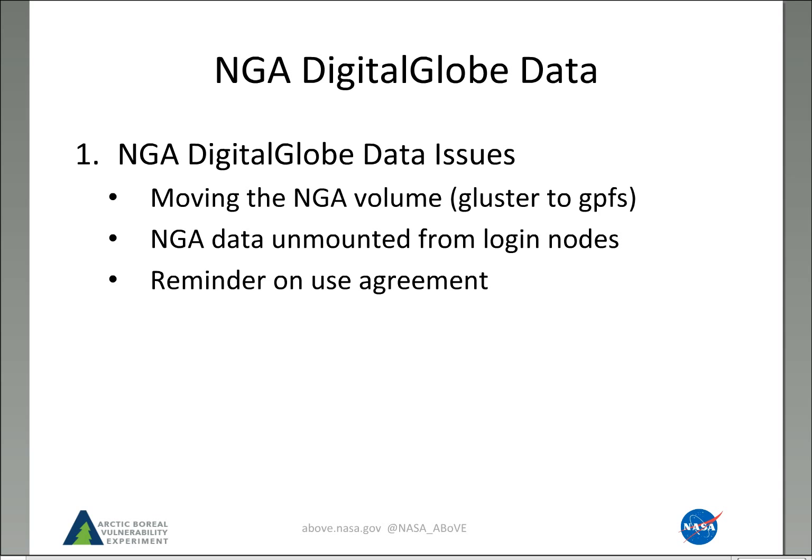Indeed. So we've historically stored the NGA data under the Gluster file system implementation. That was a clear source of performance limitations as we grew the archive to size. So we've recently completed transferring all of that data into GPFS, which is a much more industrial strength network file system. And that was completed earlier this week.